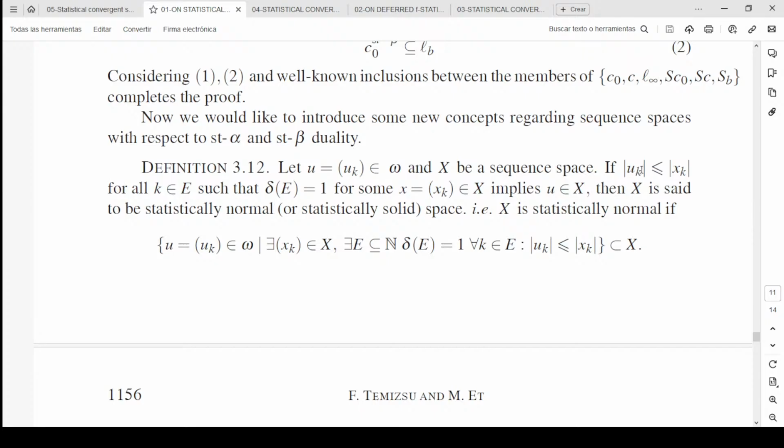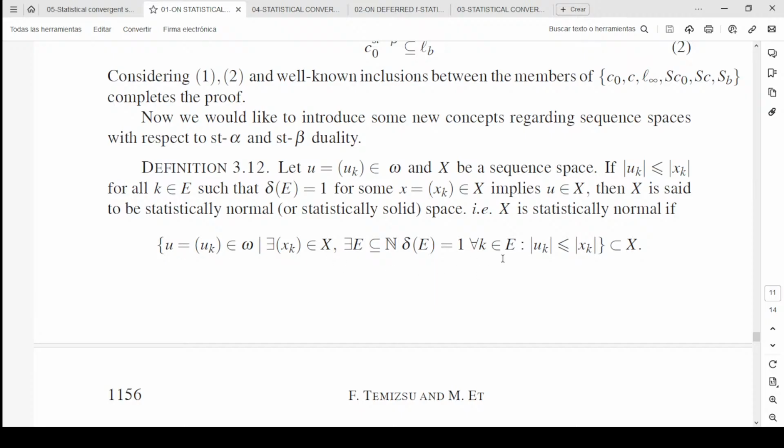If the absolute value of uk is less than or equal to the absolute value of xk for all k in E such that E has density 1, for some sequence from X, implies u being in X, then we say that X is statistically normal or statistically solid space.